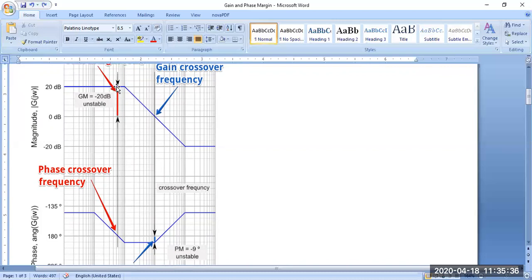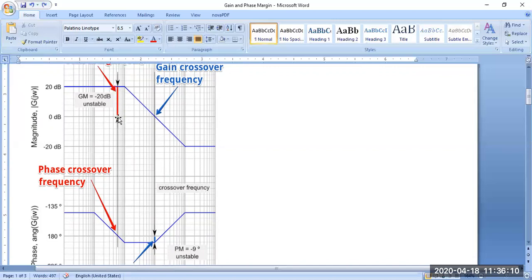Now this point, from 0 dB, we have to measure. From 0 dB, this is upwards and it is 20 dB. Now understand one important point: gain margin is negative when we measure it upwards from 0 dB.